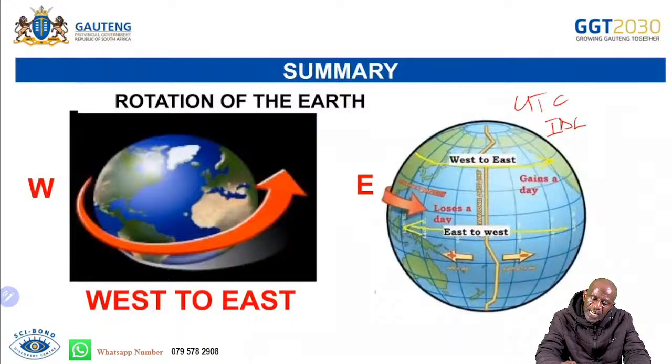These are two critical lines of longitude, and once crossed eastwards, you add another day, and once crossed towards the west, you lose one day. So that is the core here, as indicated here. Eastwards, you gain, and westwards, you lose a day.